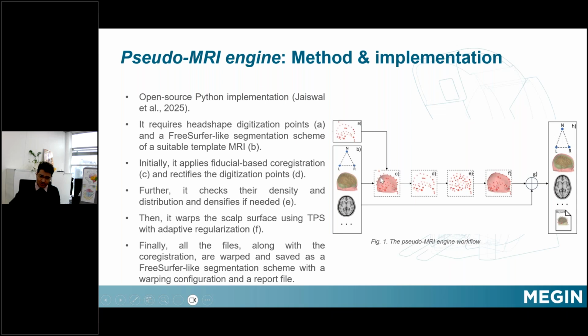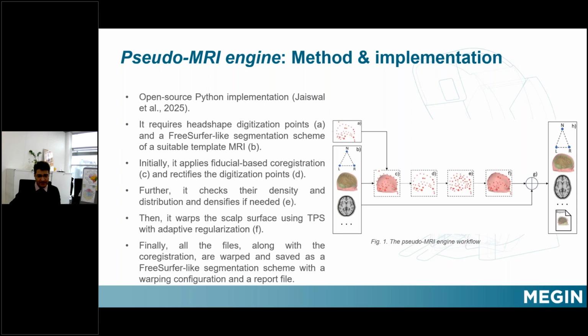This is outward, but due to system inaccuracy, there might be some inward and other inaccuracies as well. So it refines, then it further checks the distribution of those points. There might be unevenness or non-uniformity in the distribution of these points, so it checks the score of that distribution.